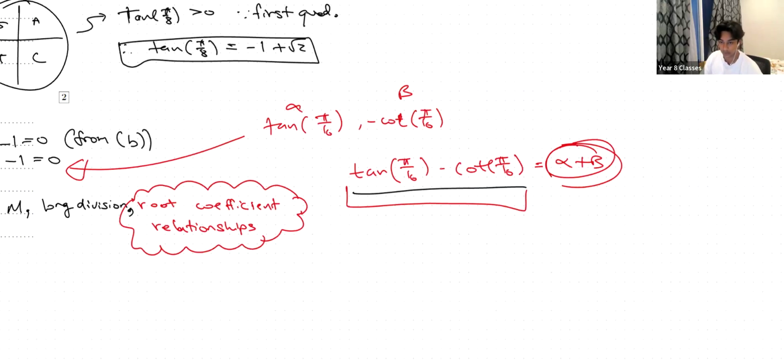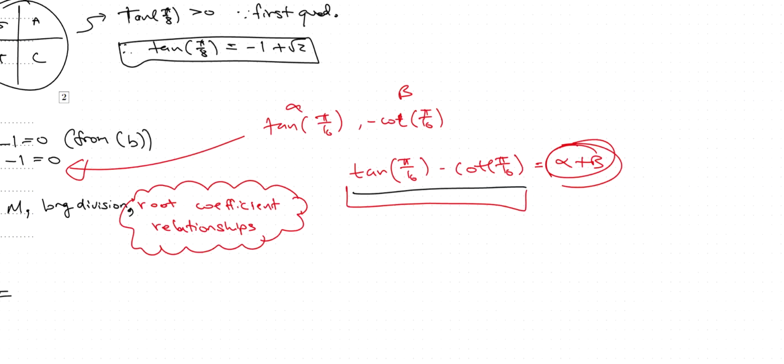And what is this going to be in terms of your coefficients here, like your A, B, C's here? Negative b on a.